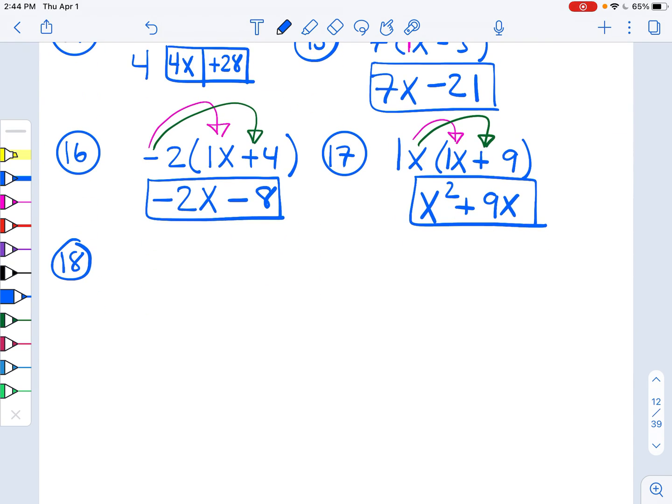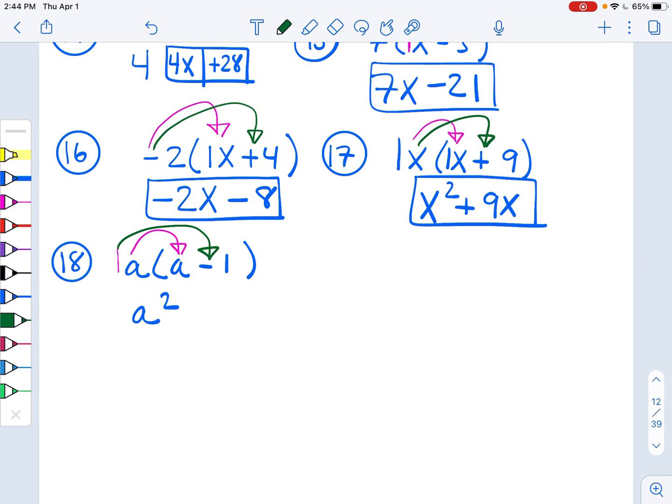All right. 18, you have a times a minus 1. Okay? So you have 1a, so you have a times a. That is simply a squared. And then you have, again, it's like an invisible 1.